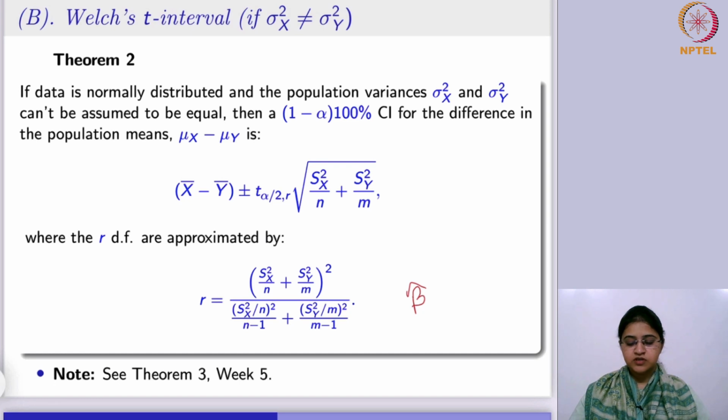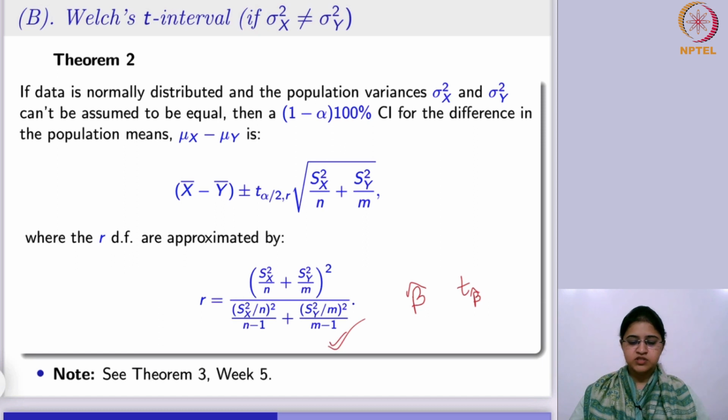It was a t distribution with this parameter, beta hat. Instead of beta hat we are writing r here just to denote that it is the degrees of freedom. So we already obtained that sampling distribution where the two variances are different. Now we just have to use it in our result. So let us see the proof for this.